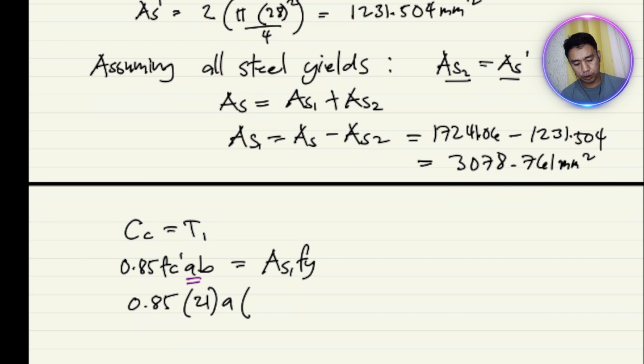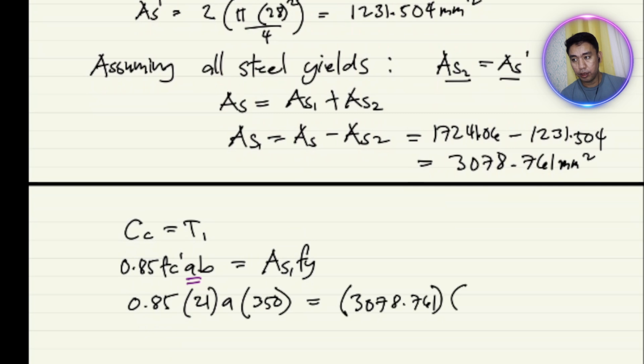Ang B natin is we have 350. So this is equal to IS1 is 3078.761 times FY. So we'll assume na ang FY is mag-yield.